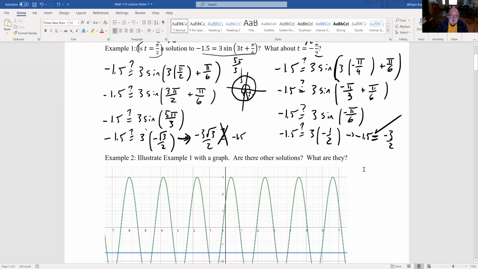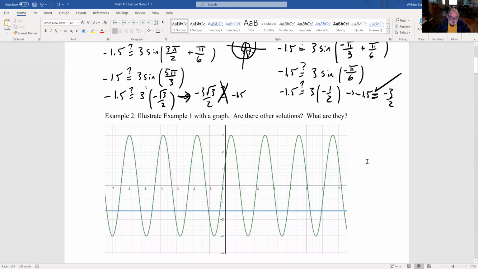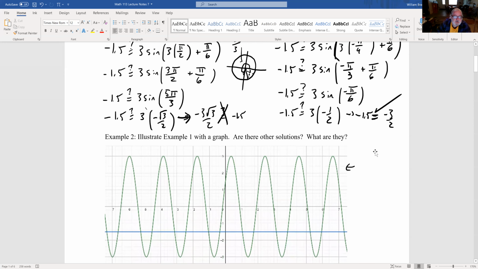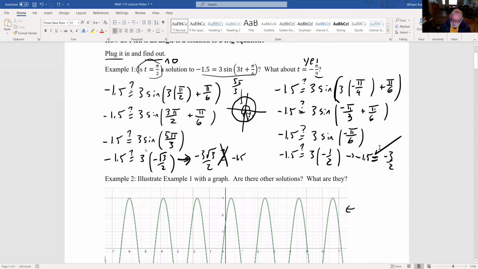So example 1, illustrated with a graph. What are other solutions besides minus pi over 9? Well, this is the graph. The green thing is the graph of the right-hand side, so that's y equals 3 sine of 3t plus pi over 6, and we learned a little while ago about how to graph those by hand.